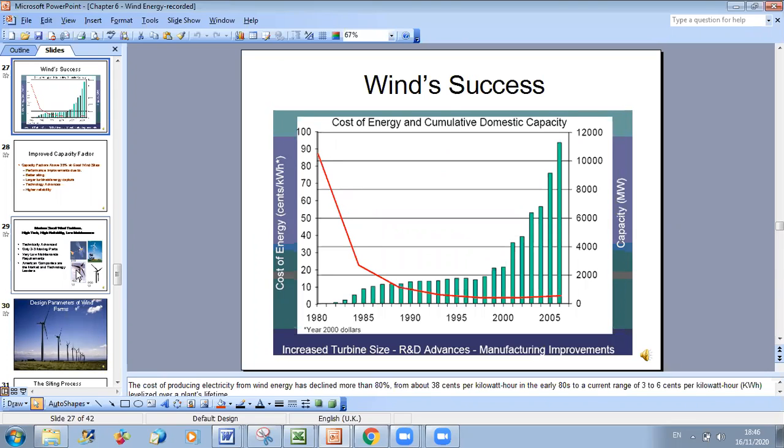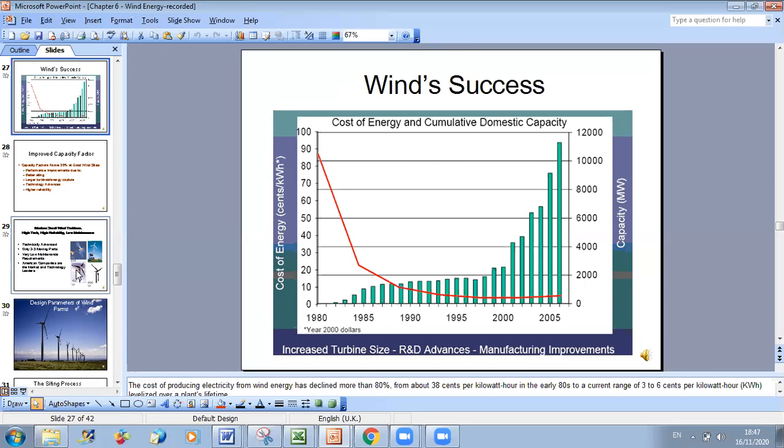The success of wind technology is very clear, because we can see that with time the cost of energy produced by wind is reduced, while the capacity on the planet is increasing. Because we are advancing in technologies, these advances lead to higher production.